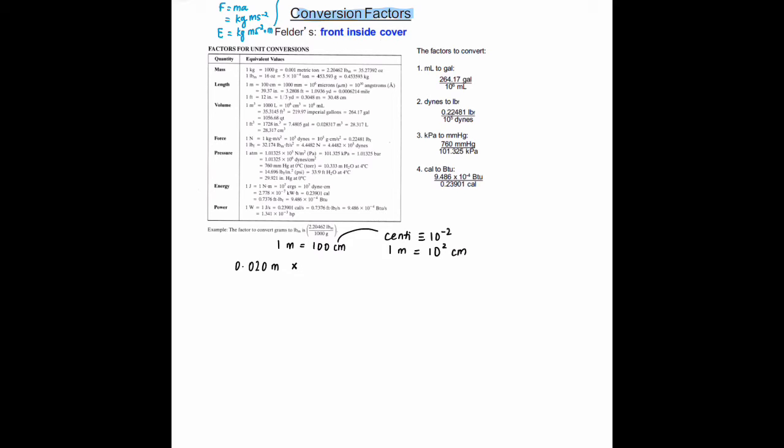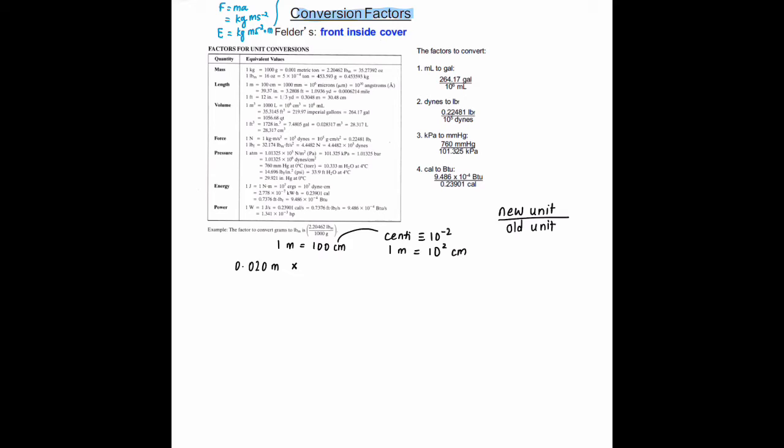So if I want to convert my 0.020 meters to centimeters, I have to multiply it using a conversion factor. One easy way to remember, using this technique which I've learned, is the new unit over old unit.